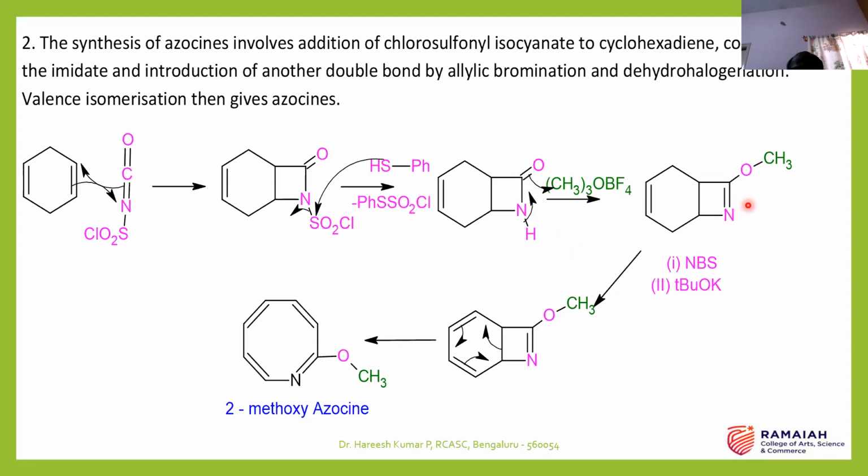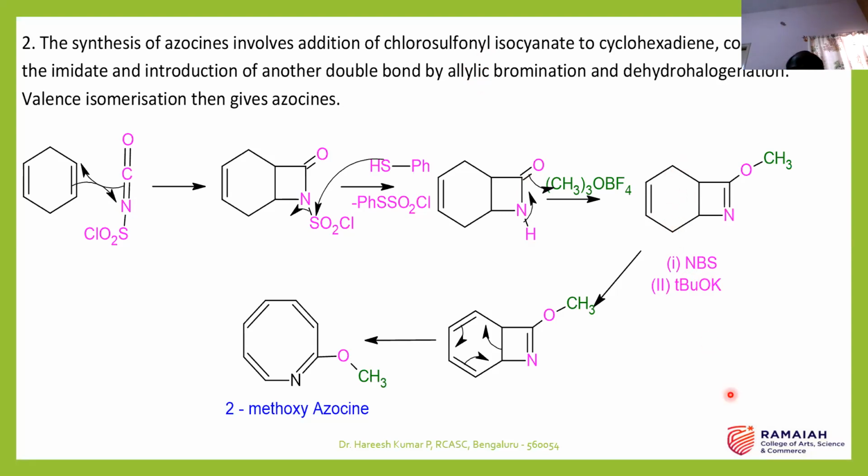Afterwards, there is bromination. You know that NBS gives allylic bromination. Allylic means this carbon gets brominated. Of course, this carbon also gets brominated.